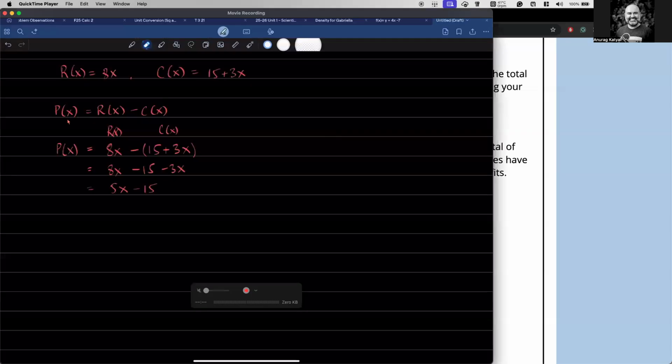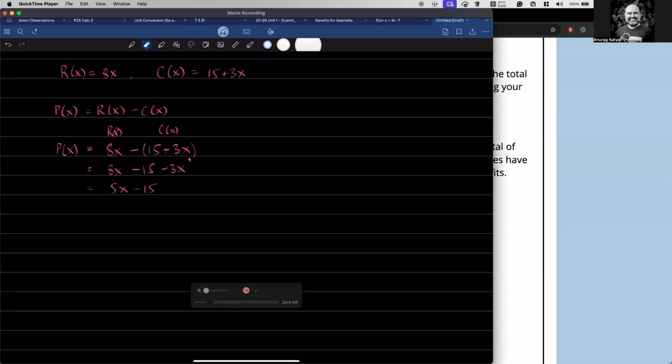Here's how you come up with your profit function. So do we know that the revenue is 8x and the cost is 15 plus 3x, or 3x plus 15, whichever one you want to see it? So if I do revenue minus cost, you have to do revenue first, 8x, and then the thing that everyone makes a mistake on is they forget to use parentheses for the cost function.